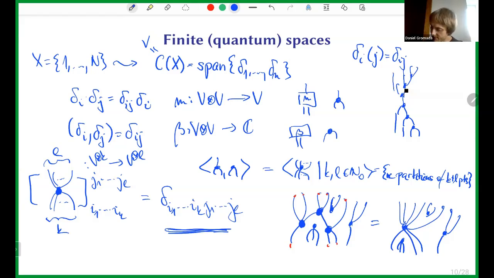That's why this holds. So we've been able to describe this category using some combinatorial objects, using partitions. So that's good, because now we can work with this category somehow.